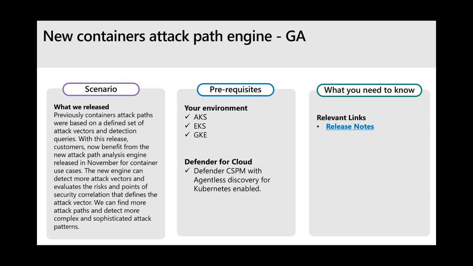So organizations that are using Defender CSPM can now leverage this new attack path analysis engine to detect more complex and sophisticated attack patterns that attackers can use to breach their containerized environments. So now that we've discussed the added RBAC data and the attack paths, let's jump into the Azure portal and see what all of this looks like in the portal.